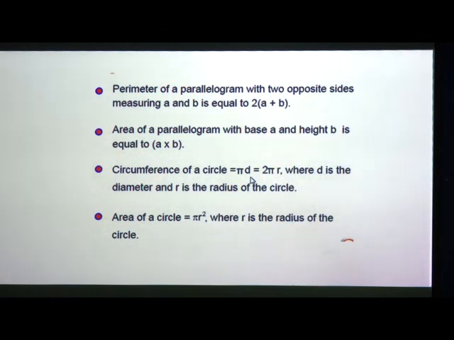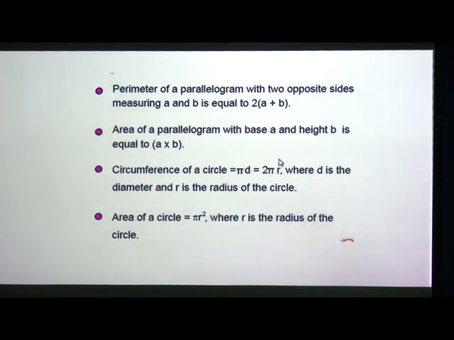So, we say circumference of a circle is pi d. What is d? D is nothing but 2 times r, it is 2 times its radius. So, circumference of a circle we say pi d, or we can say it is 2 pi r.